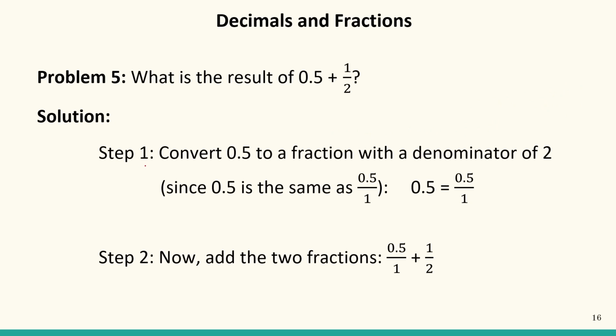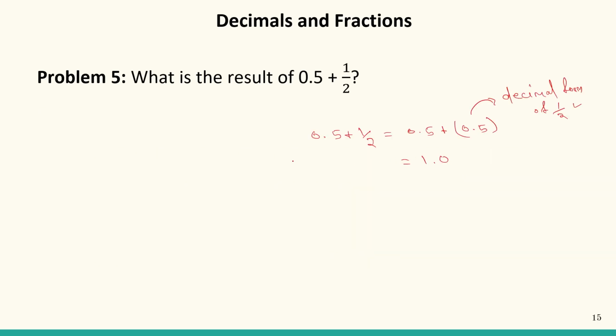So in step 1, what we did was convert 0.5 to a fraction with a denominator of 2. Also, we can do this: 0.5 plus 1 by 2. This is solution 1. This is solution 2. We can solve it by 2 methods.